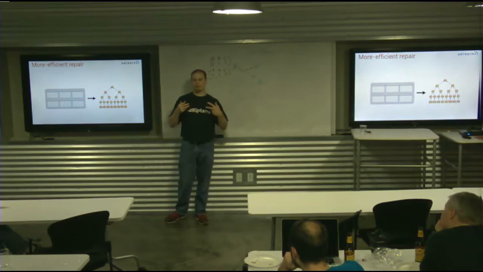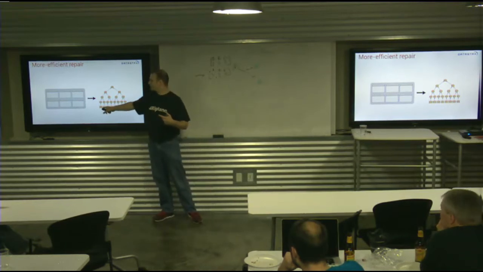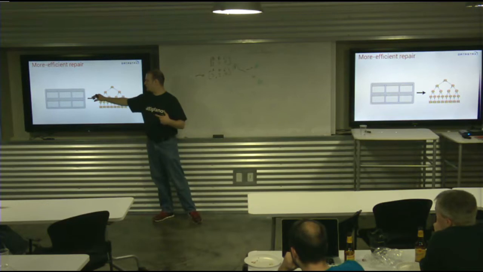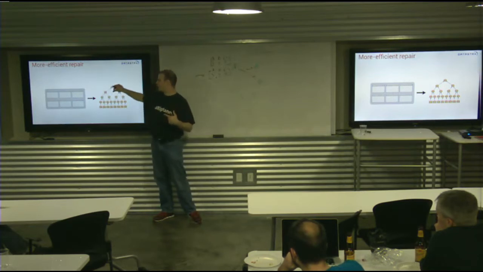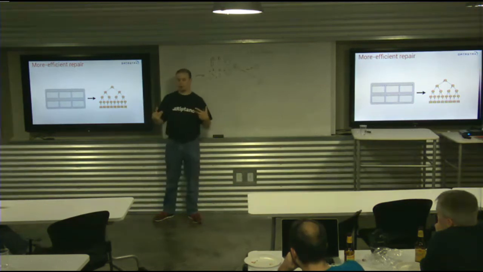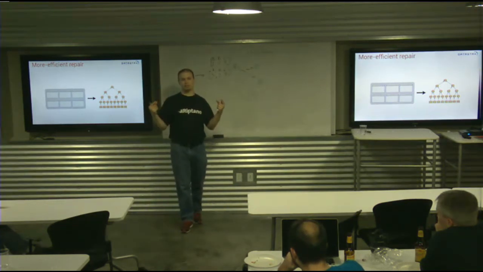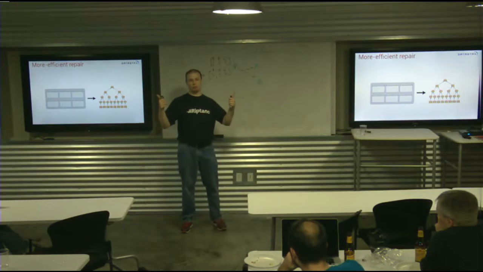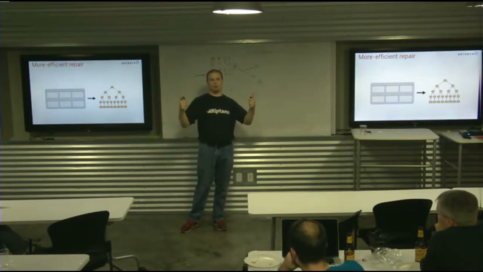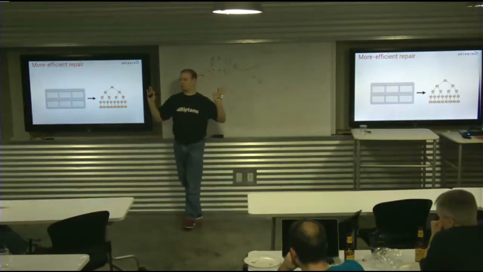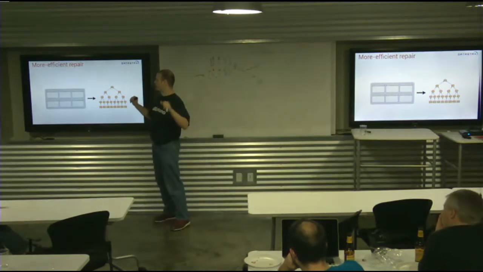At the leaves of the tree are hashes of a set of partitions, and then we combine those leaves into a parent node, rehash those 2 hashes, then rehash those parent nodes together. Ultimately, the replicas send those trees to each other and compare the roots of the tree and say, hey, are the roots equal? If so, everything's perfectly consistent, everyone has exactly the same data.